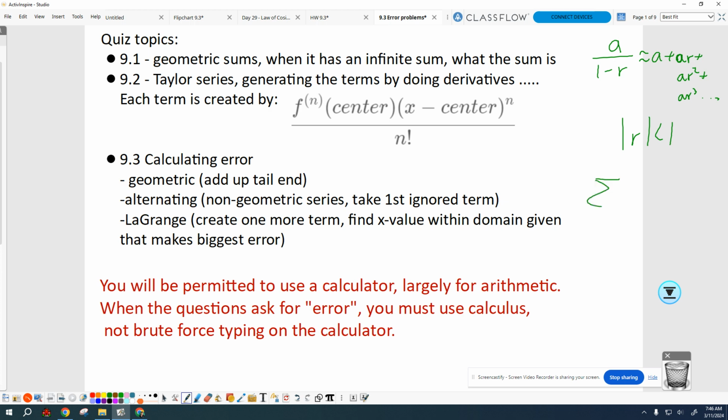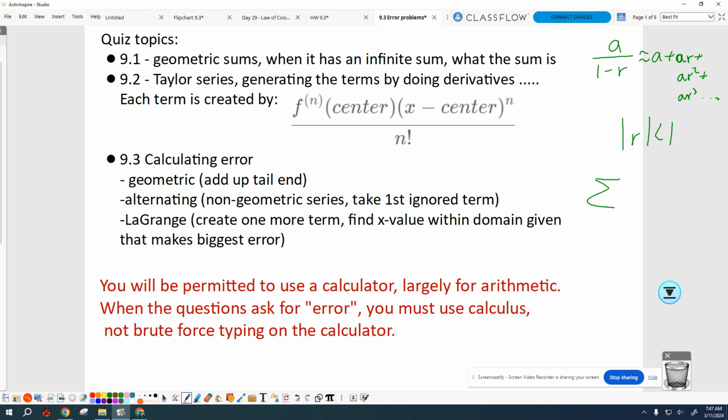And you may see things with the sigma notation and be asked to expand that and recognize it as geometric or something else. Taylor series: it doesn't fit the geometric thing, so bummer, you gotta do the derivatives and create it.